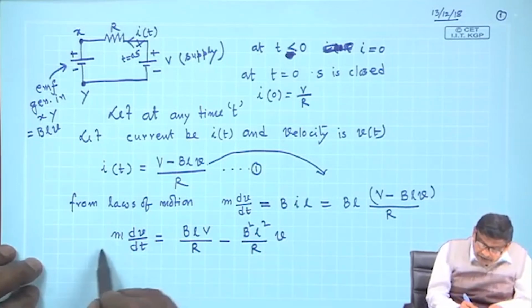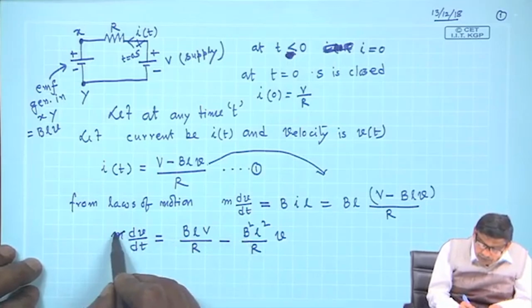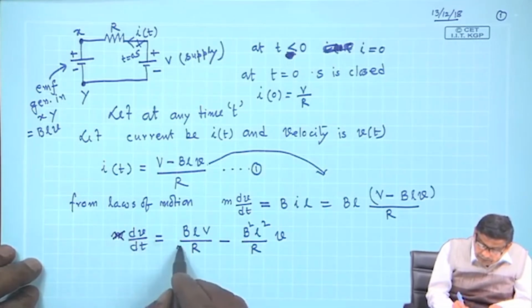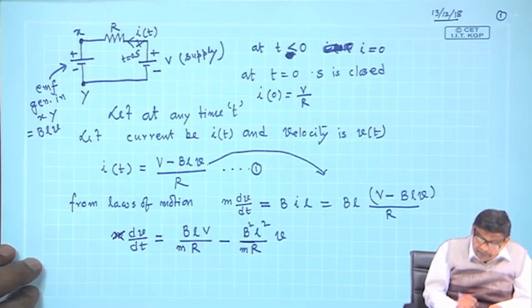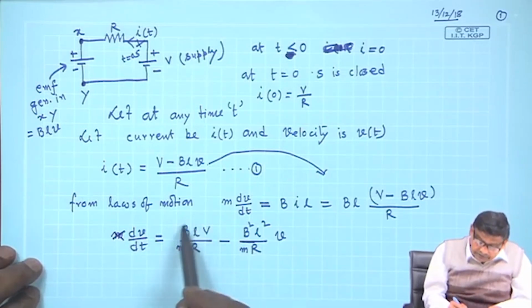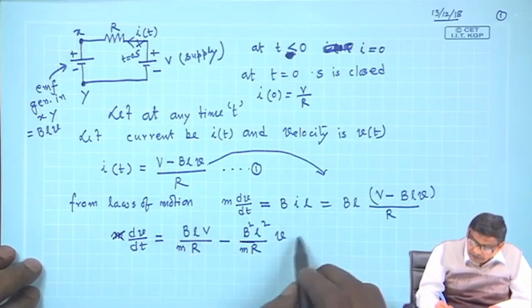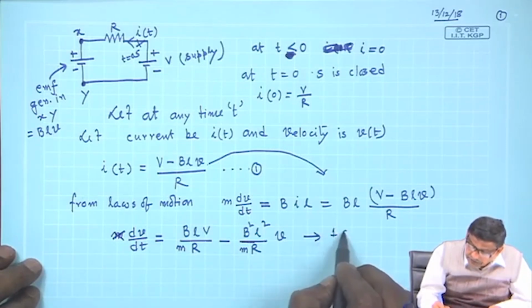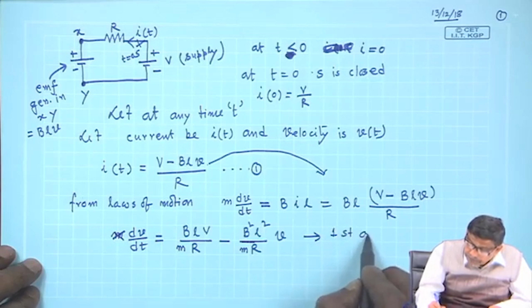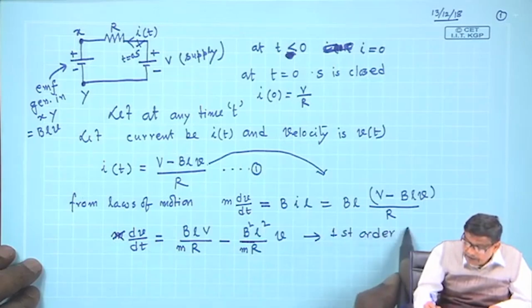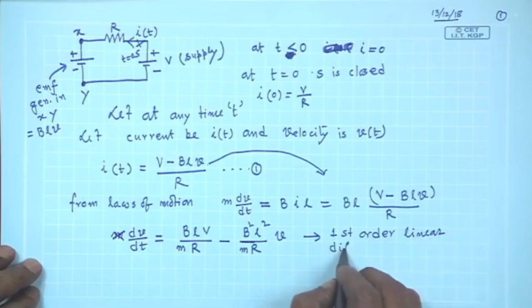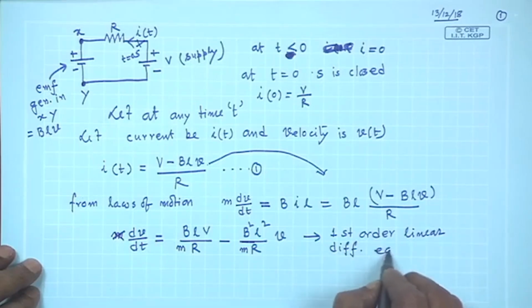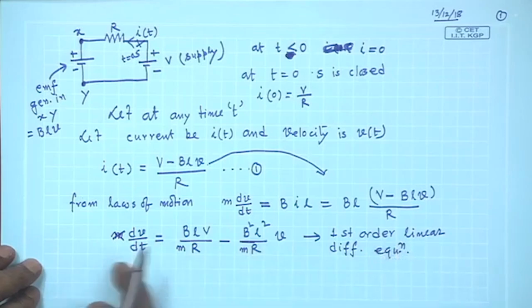Now, if you divide by m on both sides, then m R will appear here. This is constant. So, this is a first order linear differential equation, and if you solve it, you will get the expression of velocity.